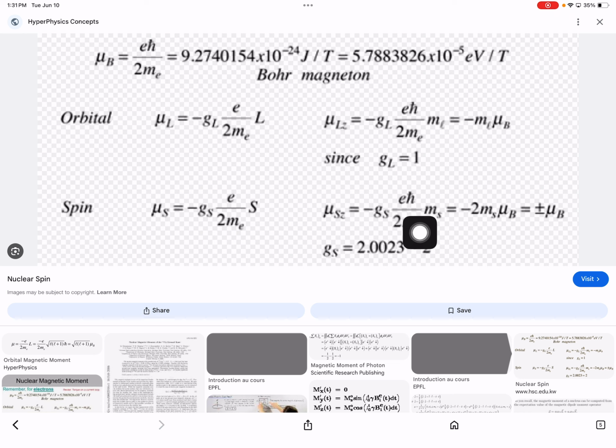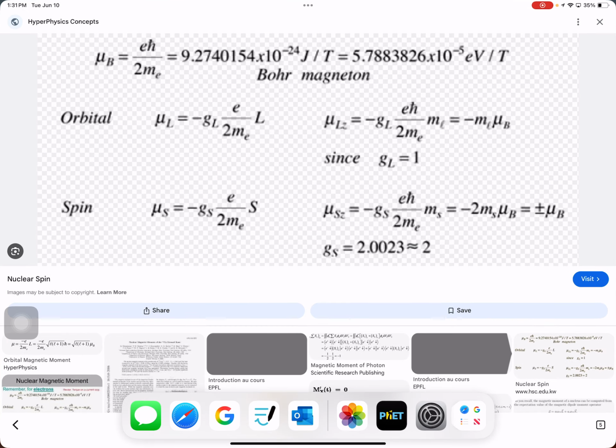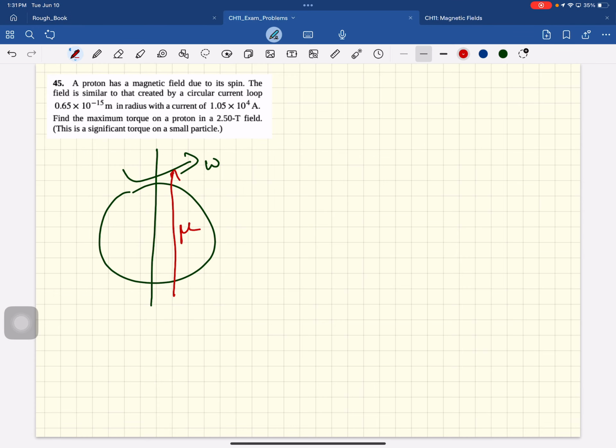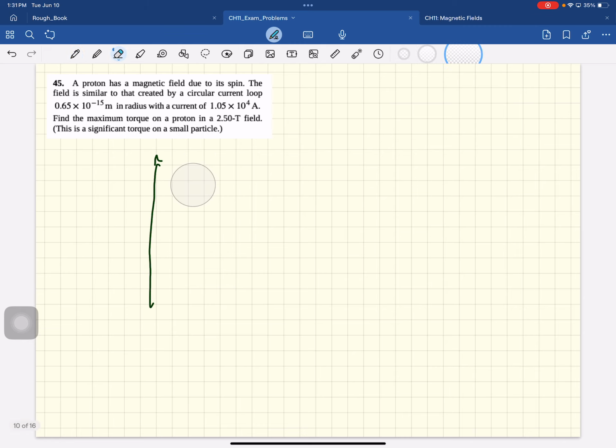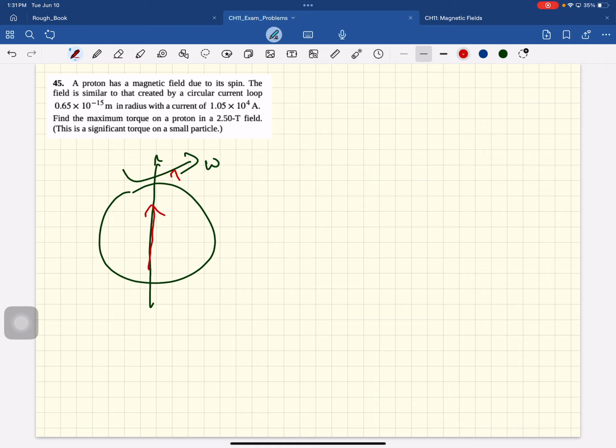Okay. For the proton, that's for the electron, you just replace that by the proton mass. Okay. All right. So there's the moment. Okay, actually I should draw this arrow right on top of each other. So there's the spin. And there's the moment.